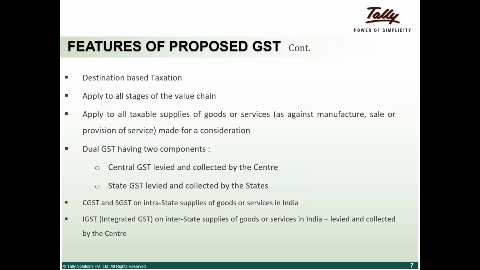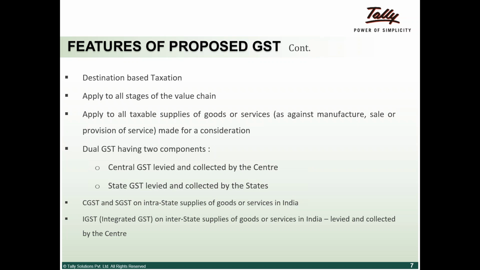This will get changed. The entire GST is based on destination or consumption. So the place in which the service or the good is consumed is where the tax will go.